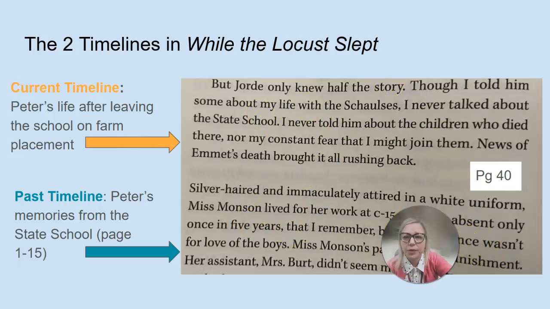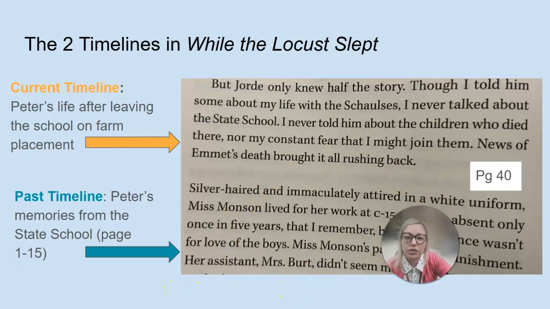Like here's an example on page 40. It starts in the current timeline where Peter's life is described after leaving the state school at Owatonna and living on the Shawlses' farm, right? He's talking about Geordie and the Shawlses. But then in the very next chapter, we are dropped back into the past timeline, life at the state school.